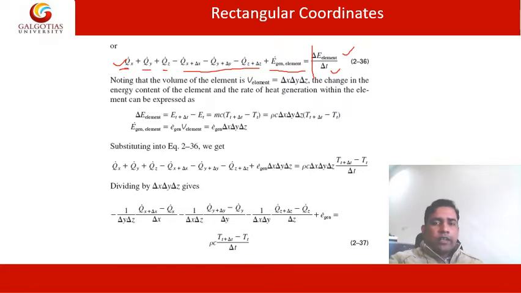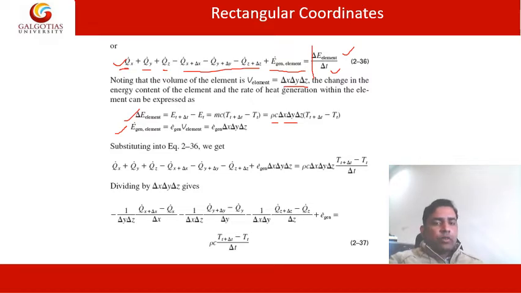So as we know, delta x, delta y and delta z is nothing but the volume of the element, and the change in the energy content of the element and the rate of heat generated within the element can be expressed as you can see from these two equations: delta E of the element equals E at t plus delta t minus E at t, that is equal to m c into delta T, where capital T represents the temperature, so T at time t plus delta t minus T at time t, that is equal to rho c delta x delta y delta z, which is actually the volume, into T at t plus delta t minus T at t.